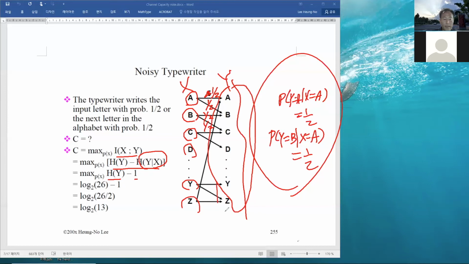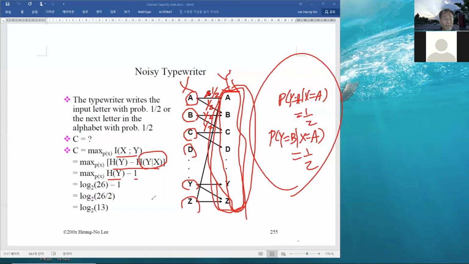And then we can talk about the entropy of the output. The entropy of the output is upper bounded by log 2 of 26, right? That is the case when output y is equiprobable over the 26 letters.